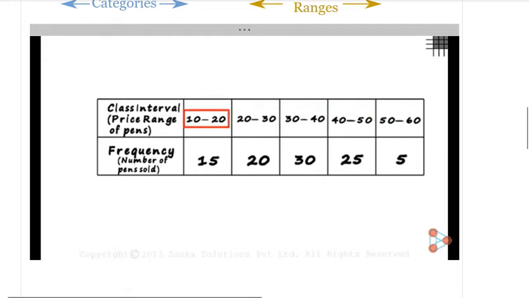The first range is pens that cost between 10 and 20 rupees. We can see that the upper limit of one interval is equal to the lower limit of the next interval, making it continuous. As it's continuous, the first group would mean 10 rupees is less than or equal to the price of the pen, which will be less than 20 rupees.